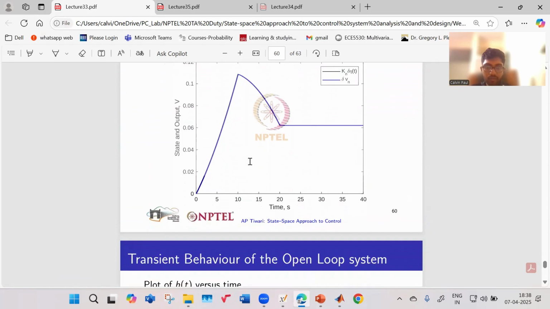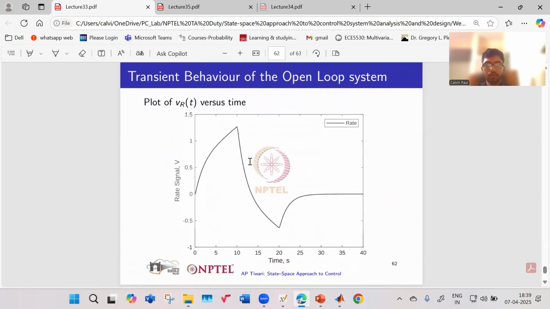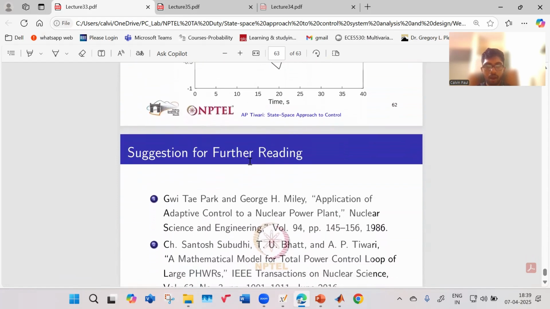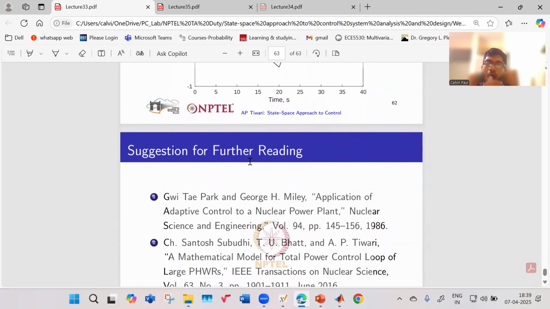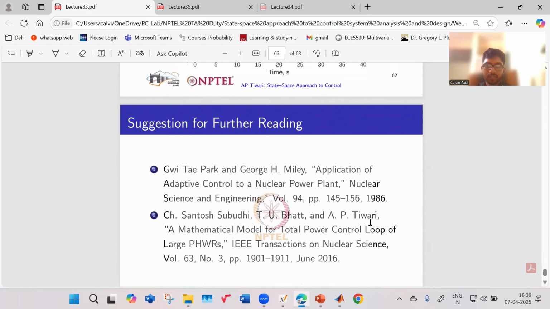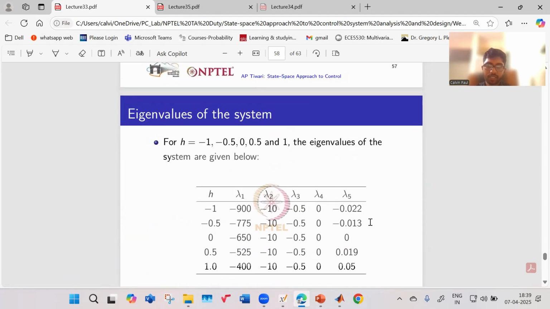And the behavior of the system also has been shown. These are the publications and certain material which you can read for understanding.